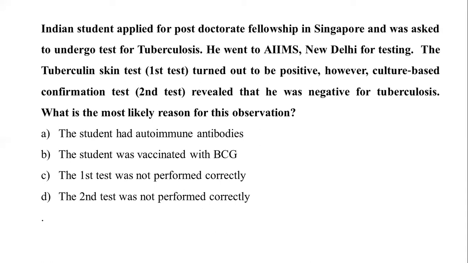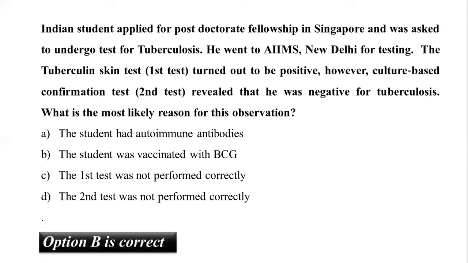Unlike the TB skin test, the culture test is not affected by prior BCG vaccination. So the correct answer for this question is option B: the student was vaccinated with BCG and that is why he tested positive on the tuberculin skin test, but it was later revealed that he was negative in the culture-based confirmation test.